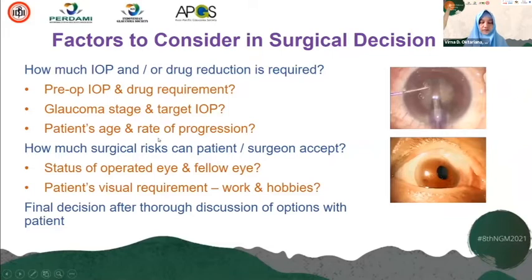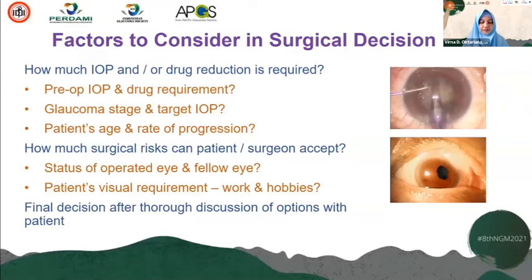You have to look at the patient's age as well as the rate of progression of the disease in the recent few years. Of course, you also have to consider how much surgical risk the patient and the surgeon are willing to accept. And for this, you have to take into consideration the status of both the operated eye and the fellow eye, and also the patient's visual requirement for his or her work or hobbies.